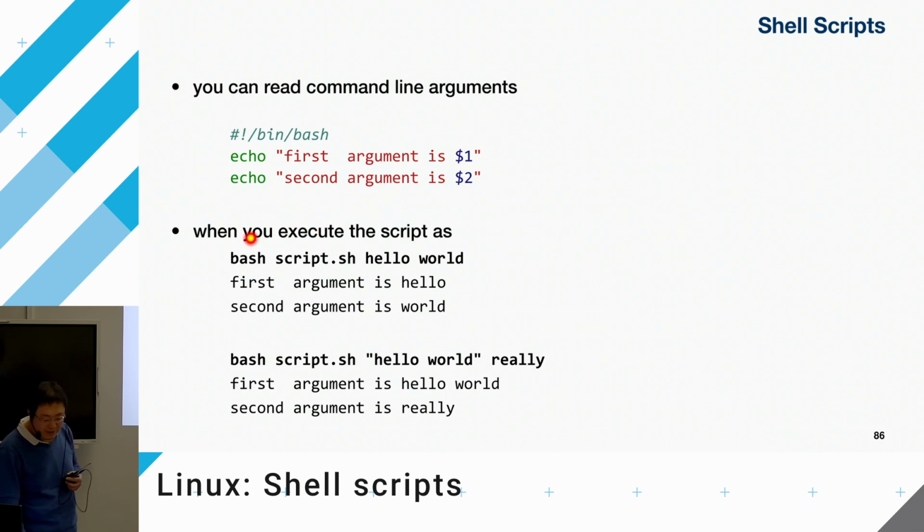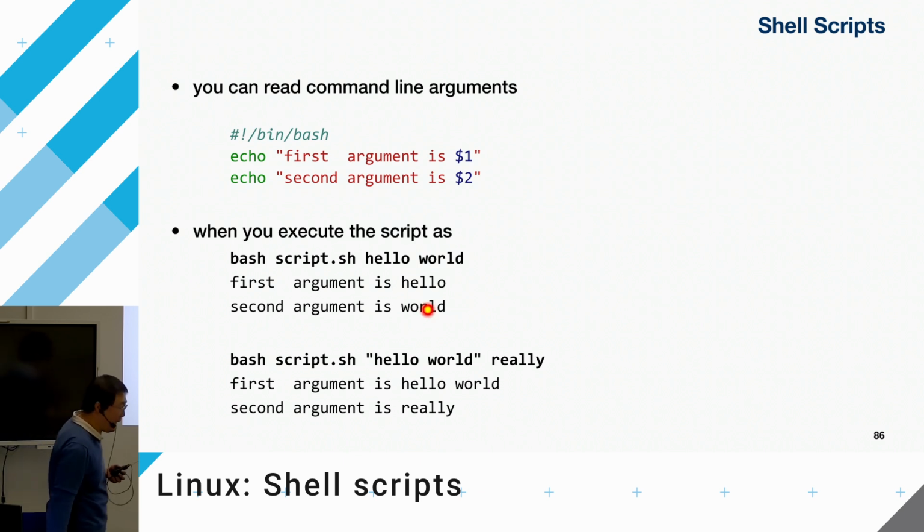Then when you execute this script, for example, bash script name and then hello world, you will see that the first argument, $1, will be replaced by hello, and $2 will be replaced by world.